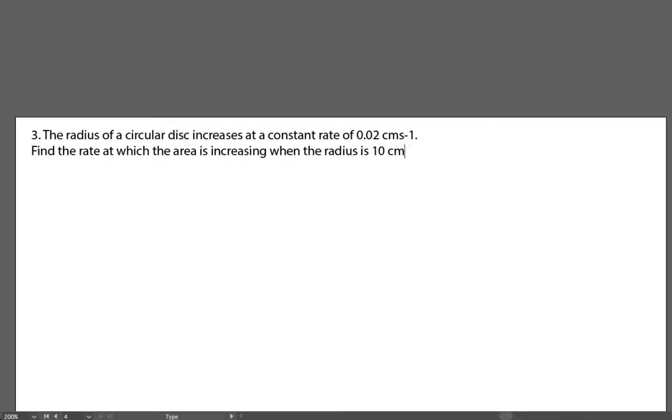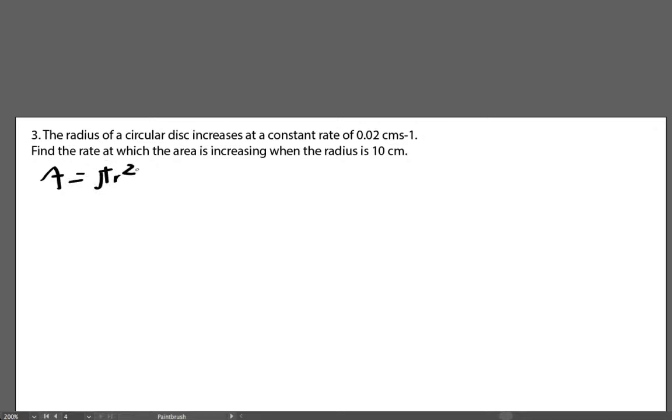Okay, so to solve this problem, the radius here would be related to the area. This is asking about the rate of the area. First thing you could realize is that A equals pi r squared, which we always know because this is circular.